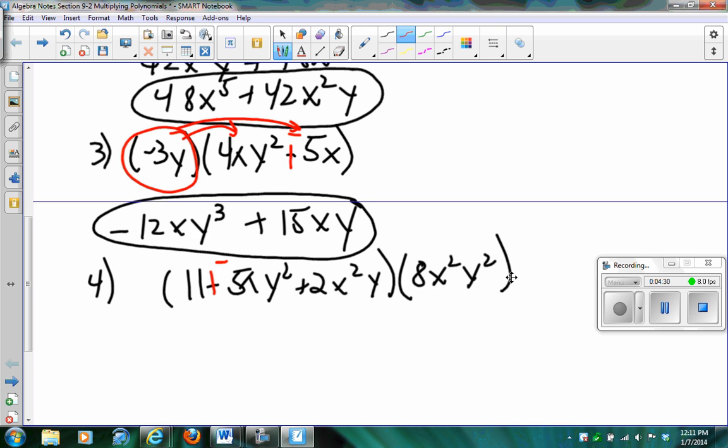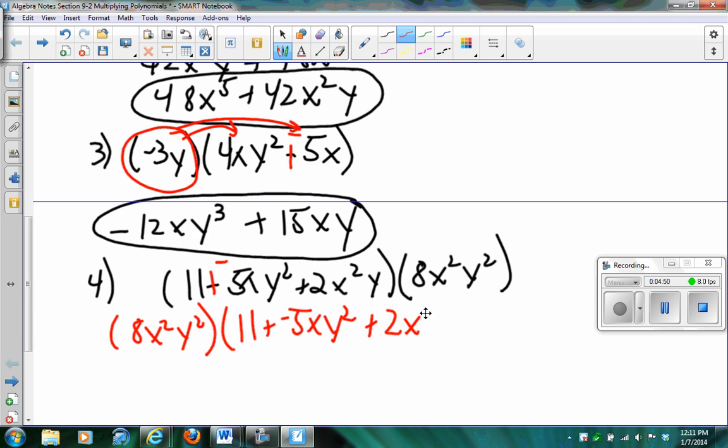Or if I feel uncomfortable with it being here, I can rewrite this problem and have it as 8x squared y squared, that quantity times 11 plus a negative 5x y squared plus 2x squared y. And then I can multiply the 8x squared y squared times each term inside these parentheses. Once again, I can do this either way. It depends on which way you are most comfortable doing that.